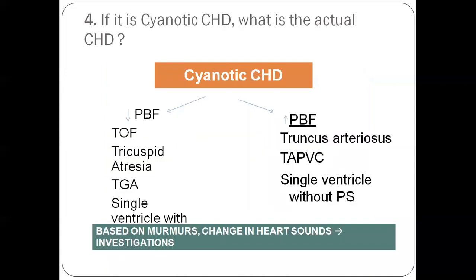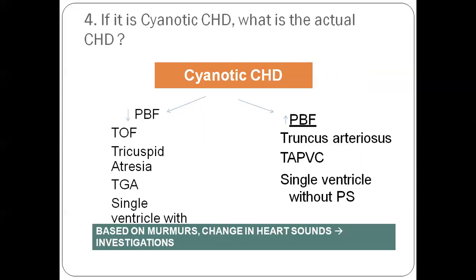If it is cyanotic congenital heart disease, what is the actual cyanotic heart disease? Congenital heart disease is of two types: cyanotic congenital heart disease and acyanotic congenital heart disease. Here we will discuss cyanotic congenital heart disease. It depends on two types: decreased pulmonary blood flow and increased pulmonary blood flow. What are the causes of decreased pulmonary blood flow?